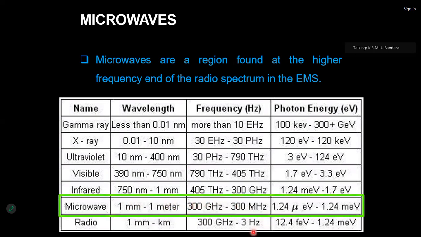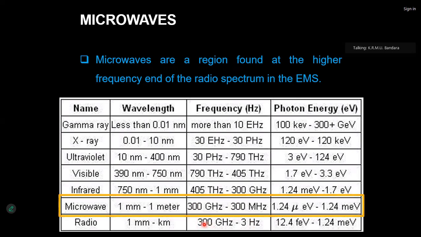This is the complete radio wave. In the radio wave, the high frequency area is here, 300 gigahertz to 300 megahertz. This is called the microwave, the region found at the higher frequency end of the radio wave.